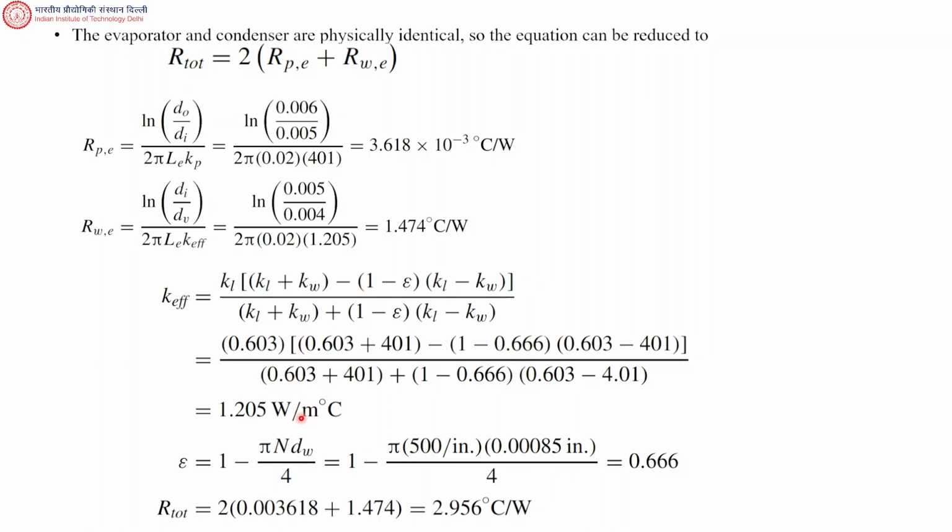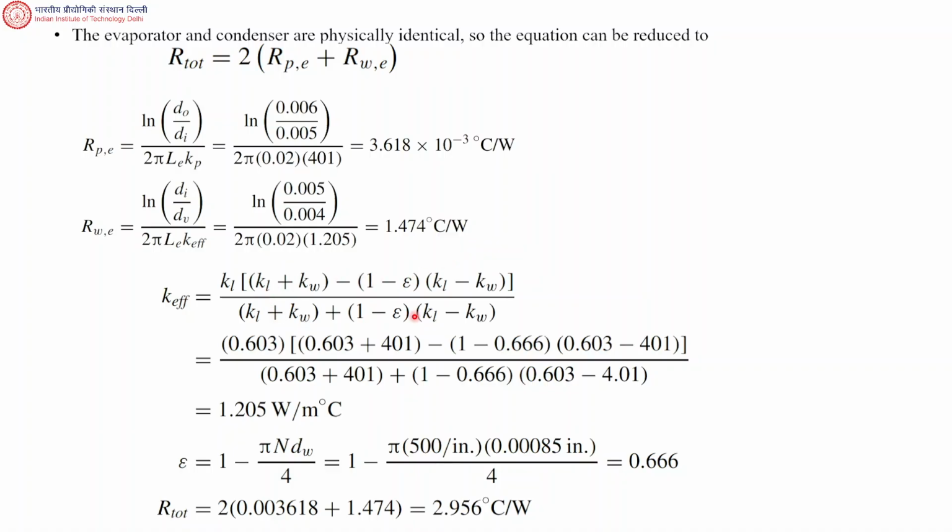Okay, so that is calculated as 1.205 watt per meter degree centigrade, K effective. So that value goes in here. So this gives you RWE as 1.474 degrees Celsius per watt.